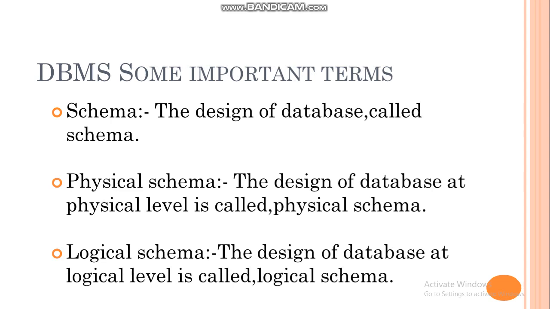If we look at the architecture, there are three types of architecture in the DBMS. First is the one tier architecture, second is the two tier architecture, third is the three tier architecture. One tier architecture is when the client directly accesses the database or server.